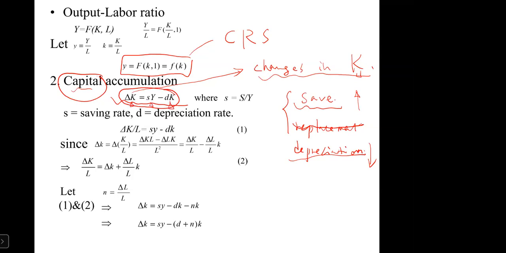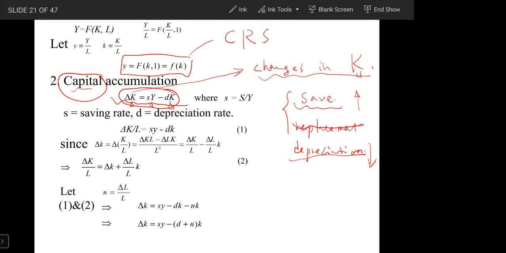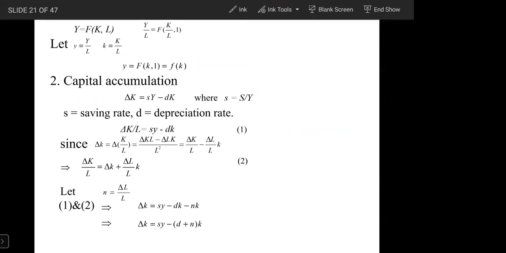But remember here, everything is in aggregate. Let me erase everything and I highlight. Okay, so this is aggregate. Okay, coming from saving and depreciation.